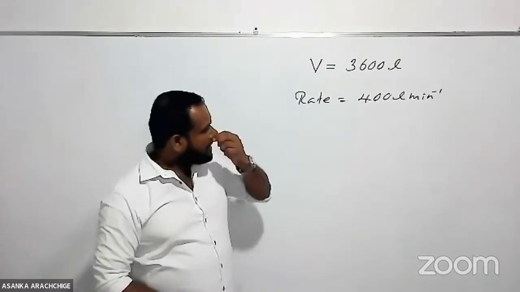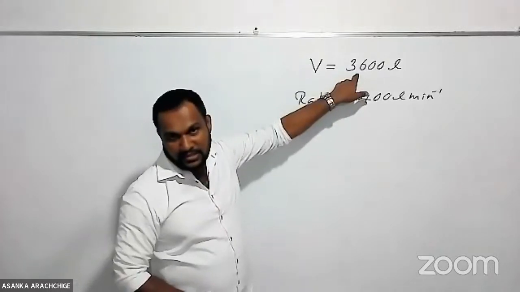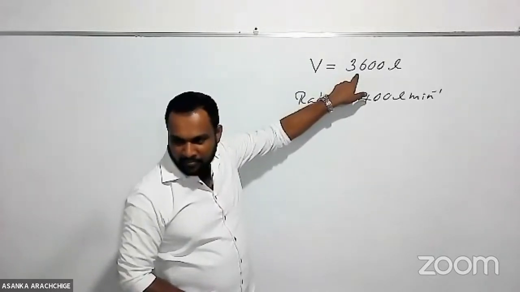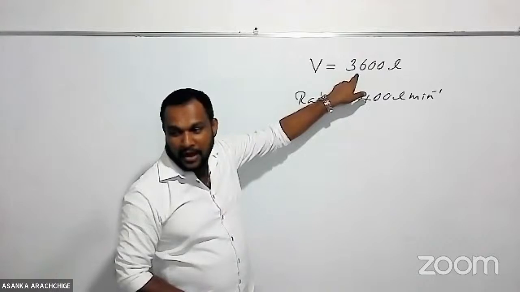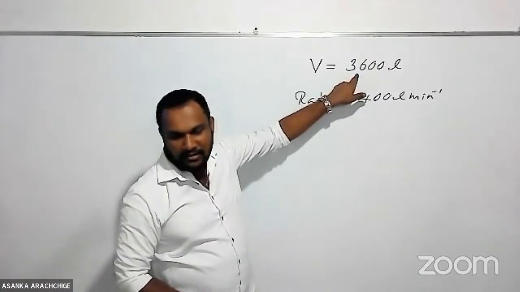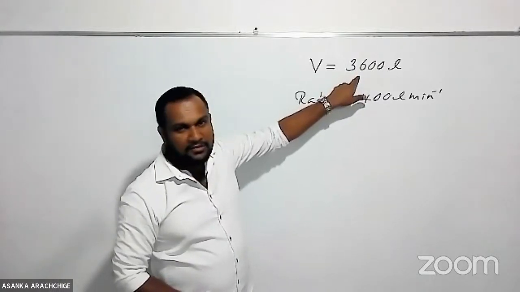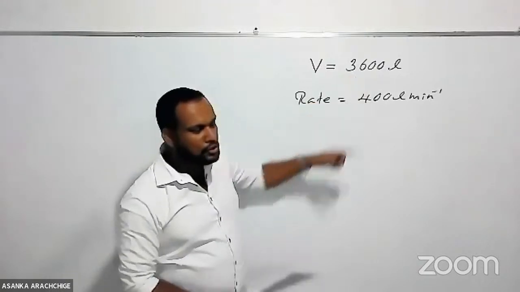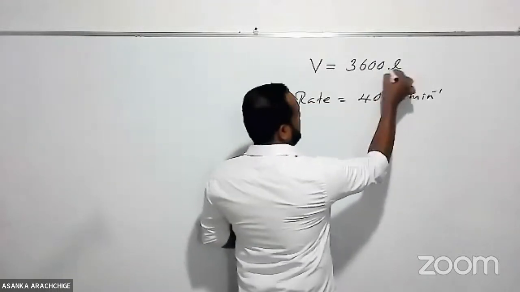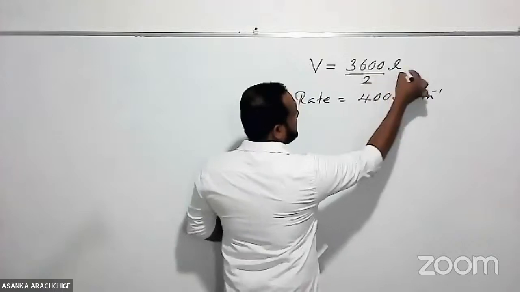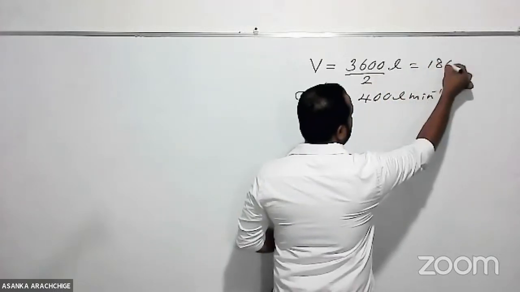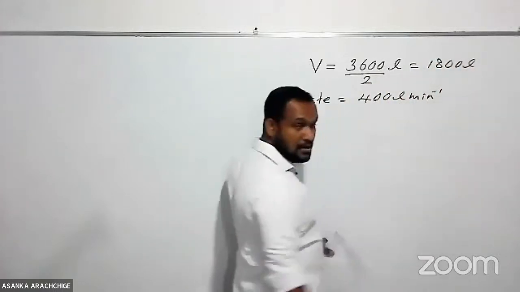The capacity is 3,600 liters. So, what is the volume of half the tank? Divide 3,600 by 2. Therefore, the volume is 1,800 liters.